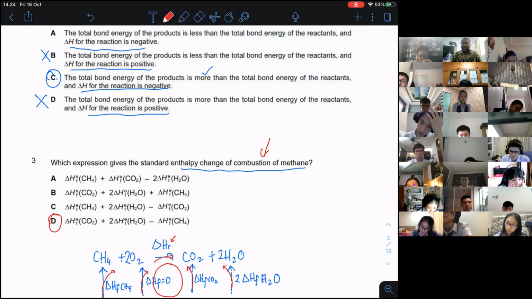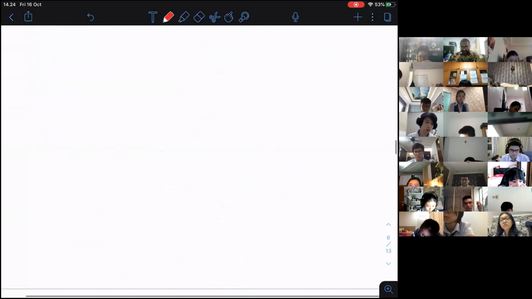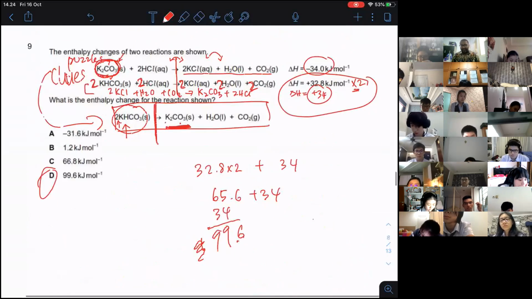If there is a lot of data on formation, please use the formation method. But I don't want you to treat that as fixed. You need to be able to predict which method is suitable for a certain situation. So there is no fixed method.